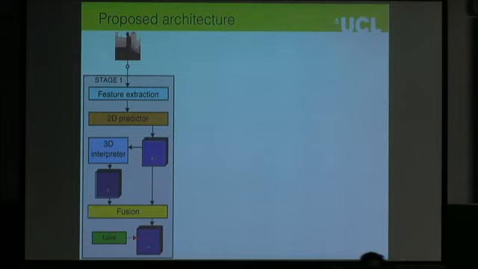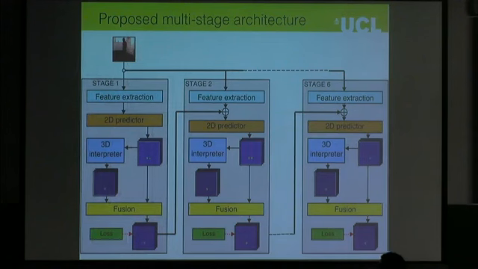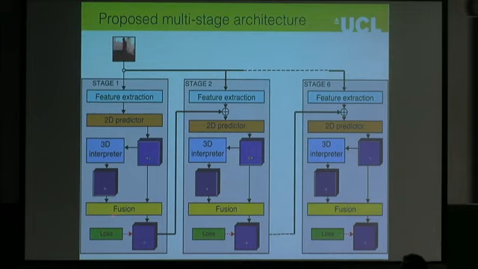So just to make it slightly more complicated, now this architecture is actually a multi-stage architecture. We don't just have one stage, we don't just finish here. We then concatenate multiple stages, and the output of each of the stages becomes the input also to the other stage, as well as the input image. So we have two inputs for the second stage and onwards, the input image and also the prediction that came from the previous stage.